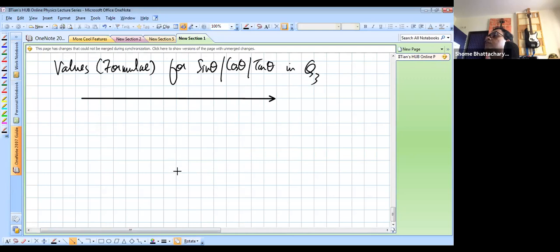So our rod is here. And this total angle, this angle is my theta.